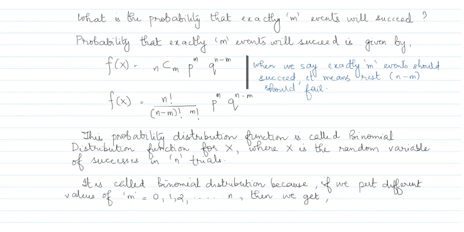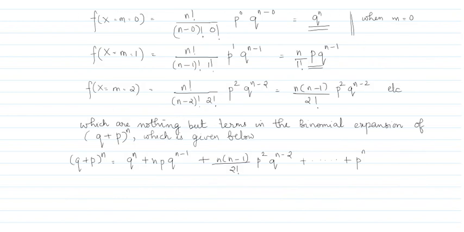So you can have m 0 also. ഒരു ഇവൻറ്റും സെലക്ട് ചെയ്യാതിരിക്കാം, അല്ലെങ്കിൽ എല്ലാ ഈവൻസും സെലക്ട് ചെയ്യാം. So m can range between 0 to n. Now if you plug in different values of m in this relation, you will be getting it like this.